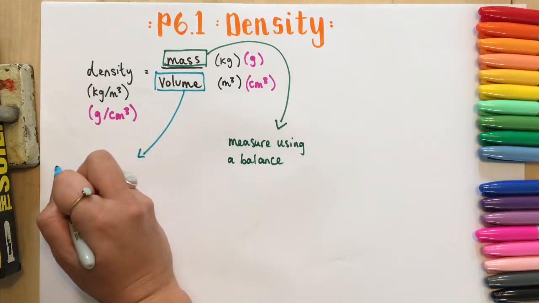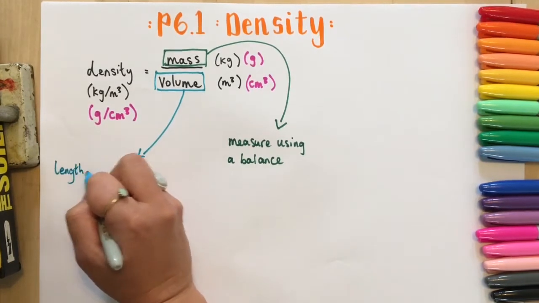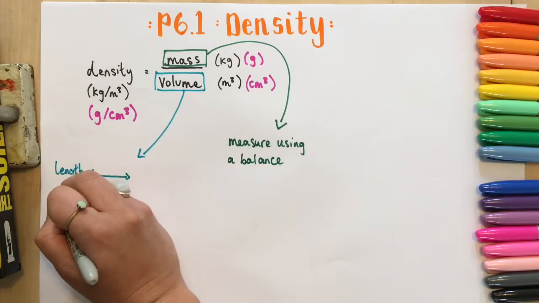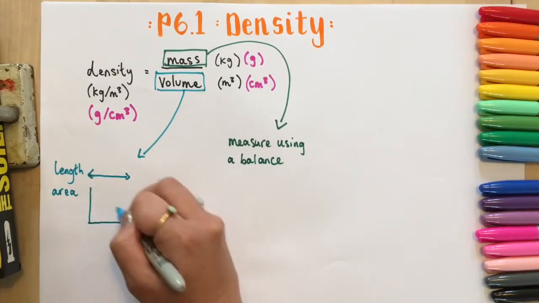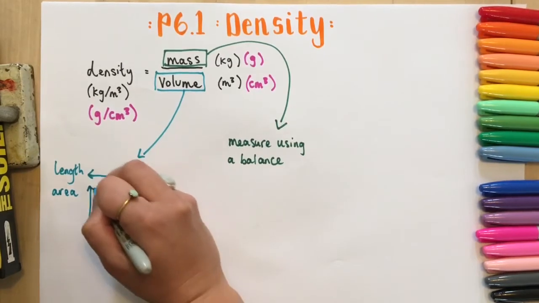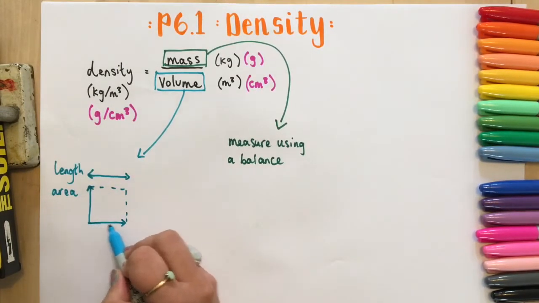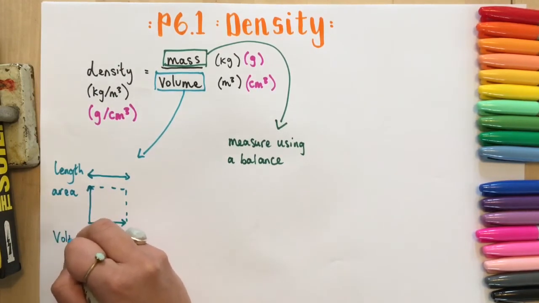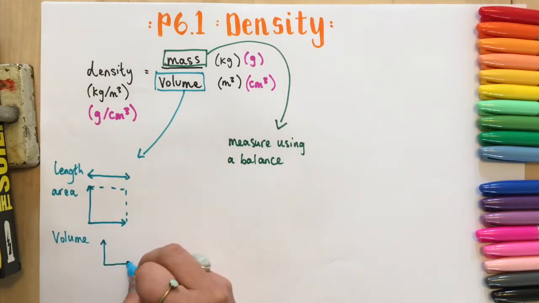So if we think about what we already know, we can have length, which is in one dimension. We can have area, which is in 2 dimensions. So we would do the length times the width. And we can have volume, which is in 3 dimensions.